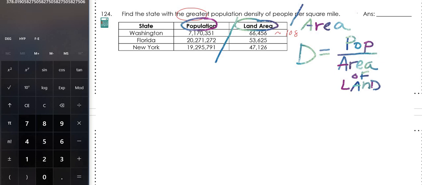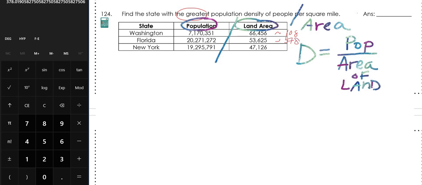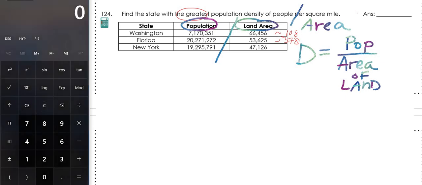So about 378. And the last one, New York. Okay, so about 409.